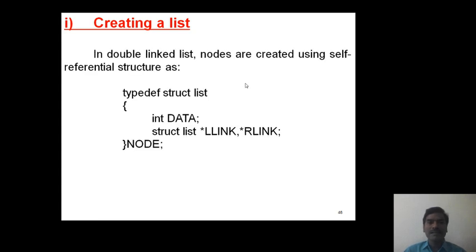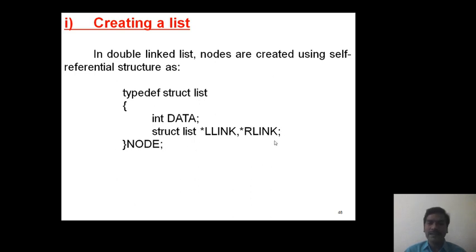In double linked list, basically nodes are created with the help of self-referential structure as typedef struct list, open brace. Here the data members are int data, struct list asterisk link, comma asterisk rlink, and curly brace.